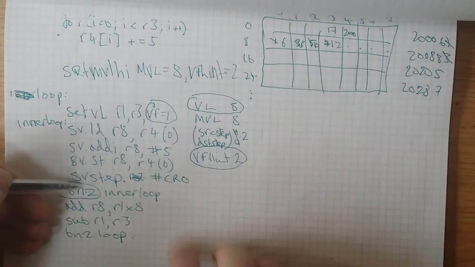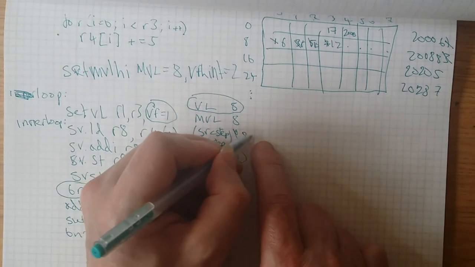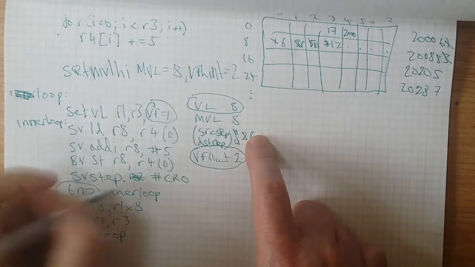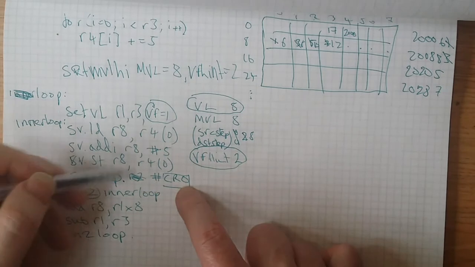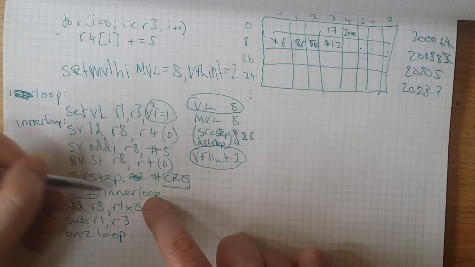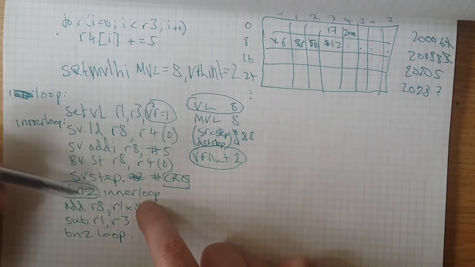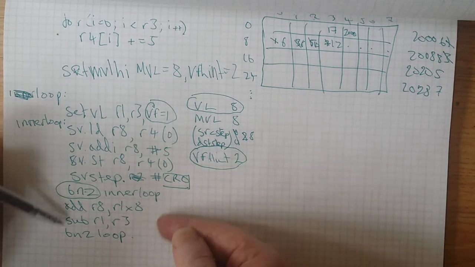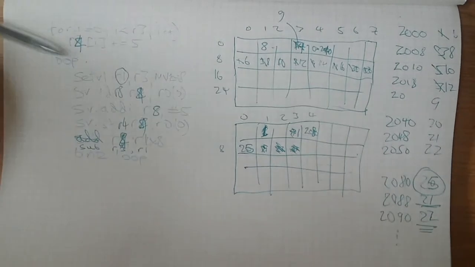And finally, the source step would get set to a value of 8. Because that 8 equals VL, condition register 0 EQ will be set true, and the inner loop branch test would fail, and you would come out of this inner loop and into the outer one, which is otherwise identical.